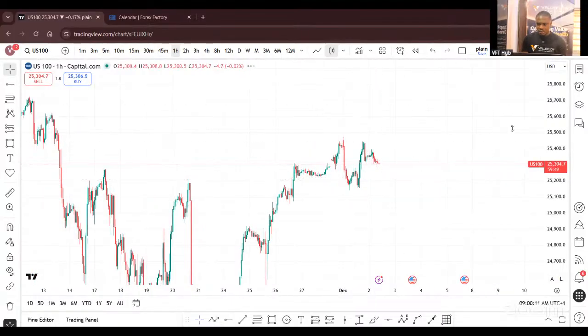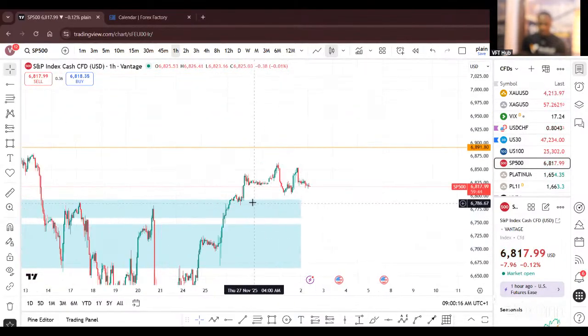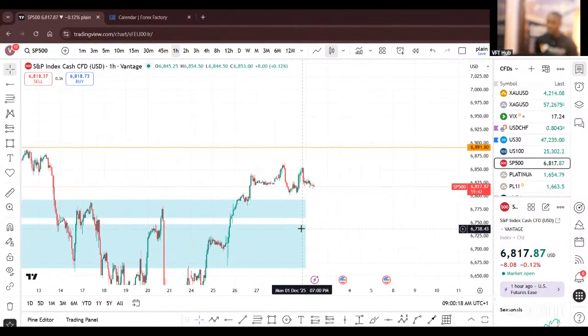And the same thing with US 500, right? That's S&P 500, the same analysis. So for today, probably I'll just keep US 100, that's NASDAQ, and S&P 500 on the side, and then my focus will be on US 30, right?